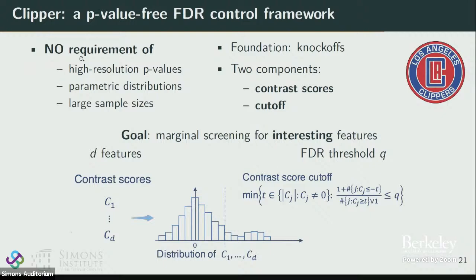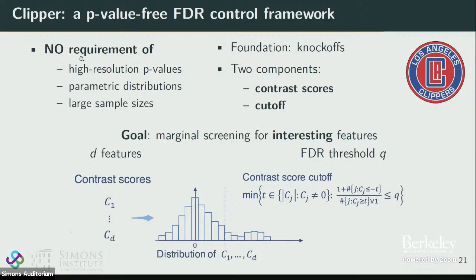The theoretical condition for FDR control is that for the features that are from the null, the absolute values of the contrast scores and the contrast score signs would be independent, which should mean that the majority of the contrast scores should be symmetric about 0. And only a small proportion of features should have contrast scores in this right tail.